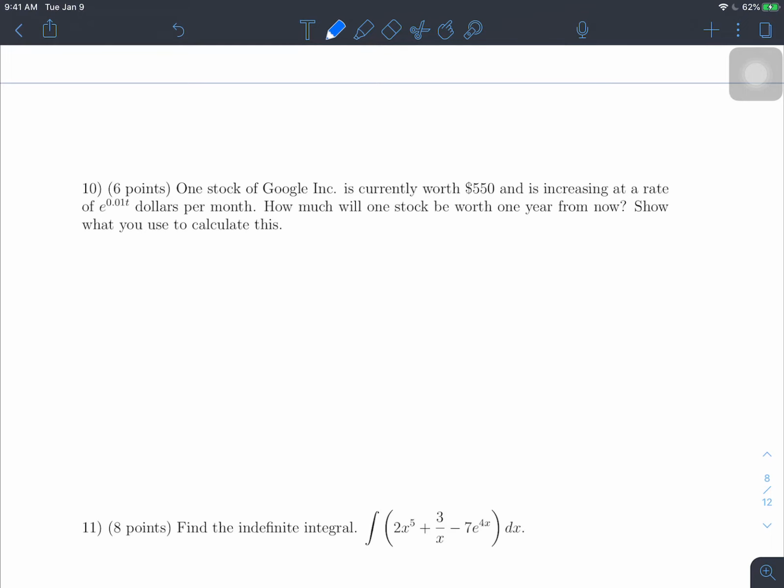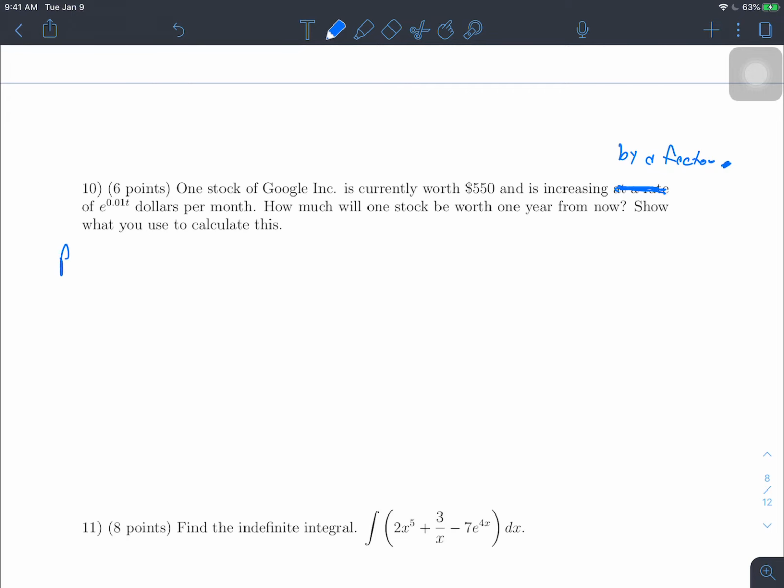And I'm going to take a guess at what the author had in mind. I think what they meant to say was increasing by a factor of e to the 0.01t dollars per month. That would mean that we have a continuous growth, exponential growth model.